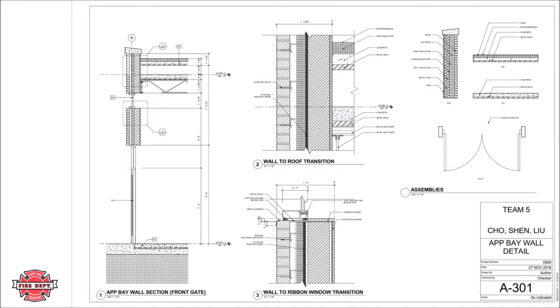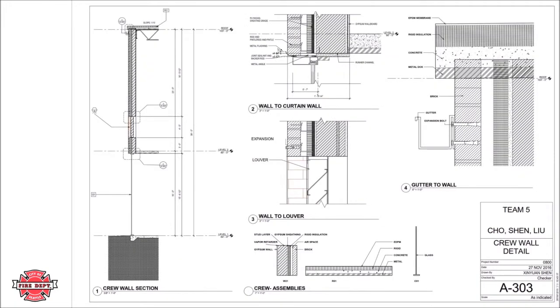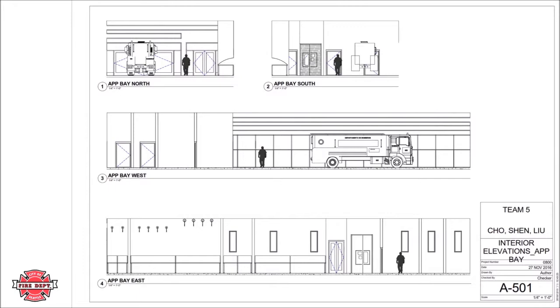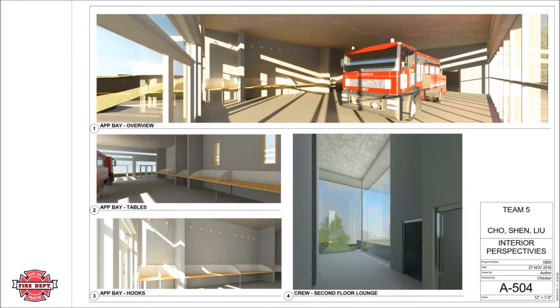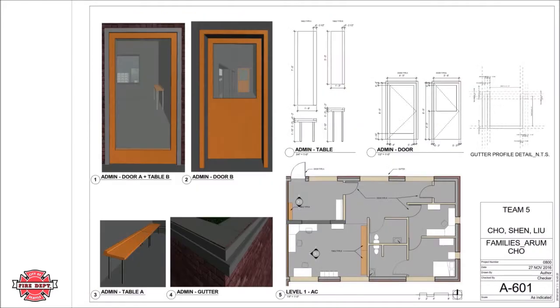We have also completed the wall sections for the 3 major programs. And we have also drew the interior elevations as well as the interior rendering for the better communication with the users as well as the publics.